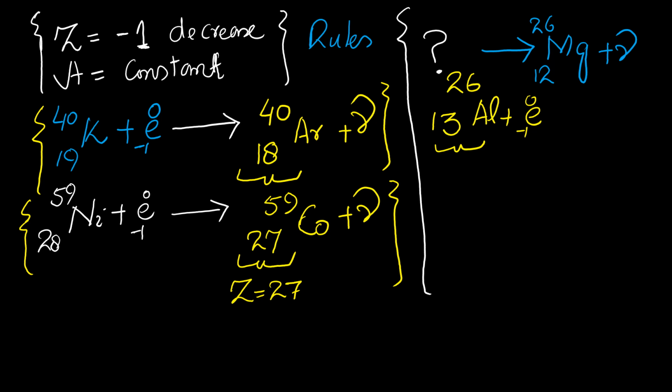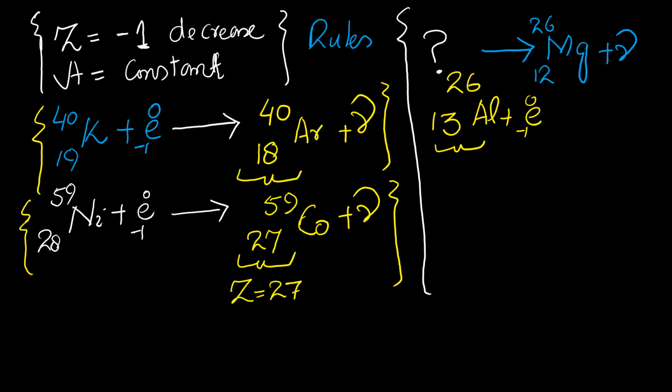Let me conclude the electron capture process. Electron capture is a radioactive process in which an electron is gained by a proton of the parent atom. When the electron is gained by a proton of the parent atom, the proton is converted into a neutron, and hence a new daughter atom is formed.